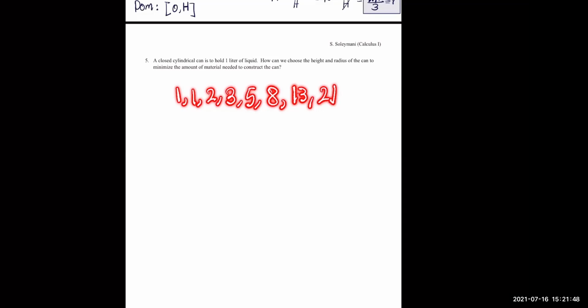If you take the ratio of any two consecutive terms, like 21 divided by 13, I get around 1.6. If you take 13 divided by 8, try it out, you get around 1.6. 8 divided by 5, around 1.6. 1.6 is the natural ratio that happens a lot in nature, and that's what they typically use.